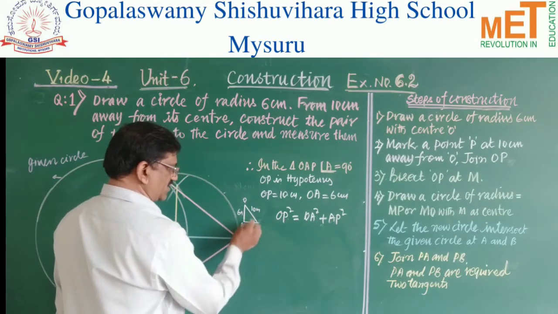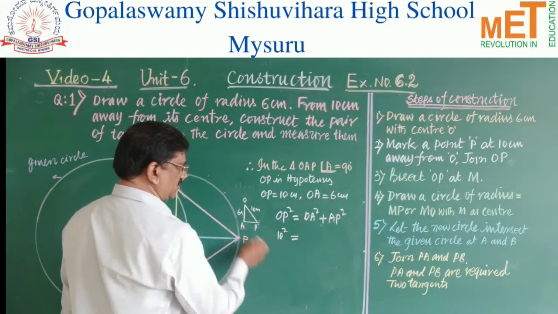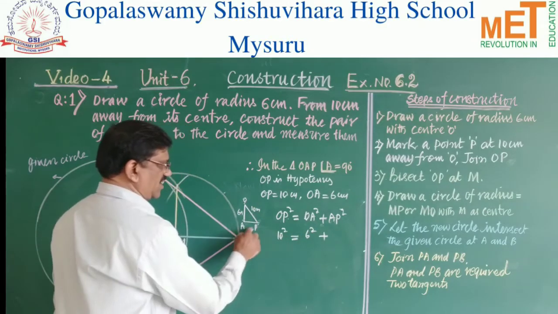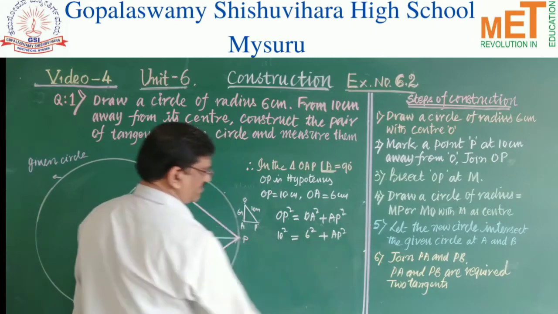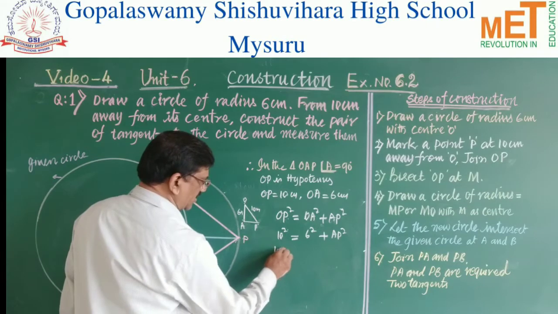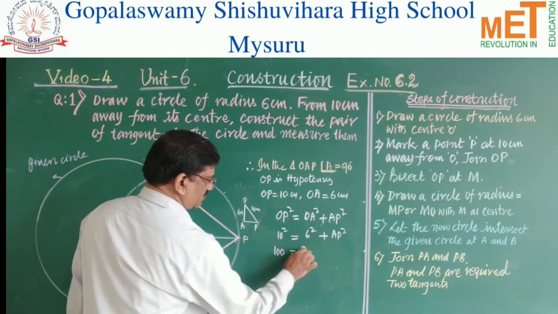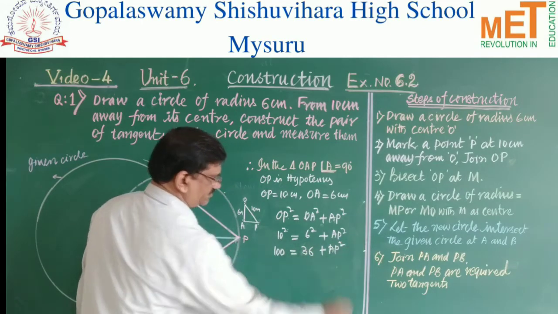Now, OP is equal to 10, so 10 square is equal to OA square, that is 6 square, plus AP, which we don't know, so keep it as AP square. So 10 square is 100, equal to 36 plus AP square.